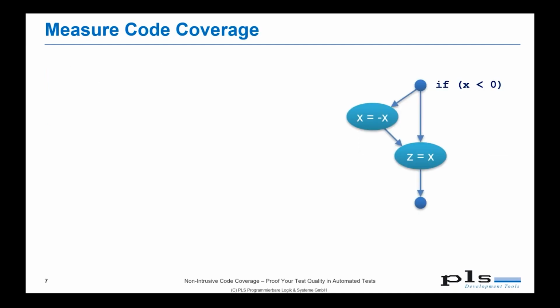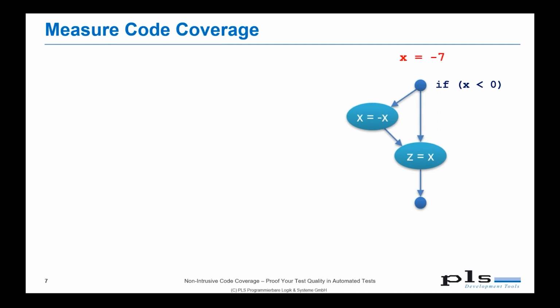So how do we measure the code coverage? Let's have a look at this simple example here. We have a code that returns the absolute value of an input X. If you want to do a test that achieves a 100% statement coverage, then you need only one test case.